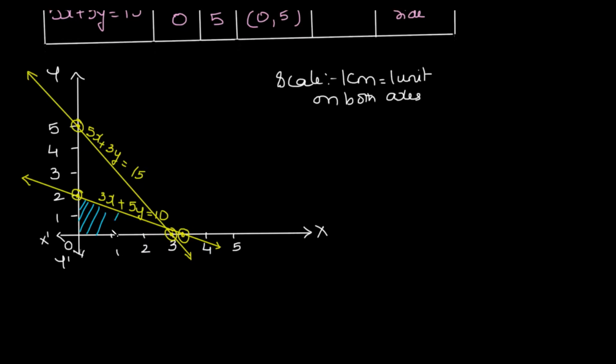This particular region, as you can see, has corner points which I write as O, A, this point over here that is B, and this point over here which is C. So the feasible region is OABCO.